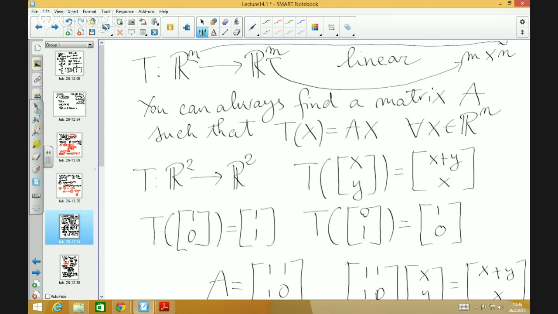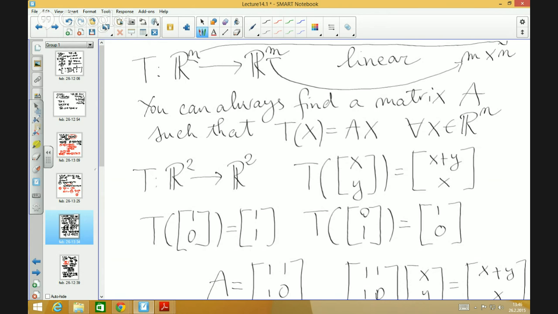So far, so good. Now you want to figure out what are the entries of this matrix. And you do that column by column. And how do you do that? You ask T, what do you give me if I feed you with all of the columns of the identity matrix of size n? So the first column will be T of (1, 0, 0, ..., 0).